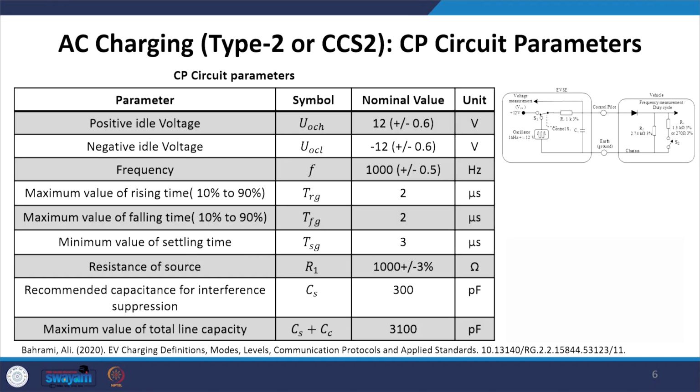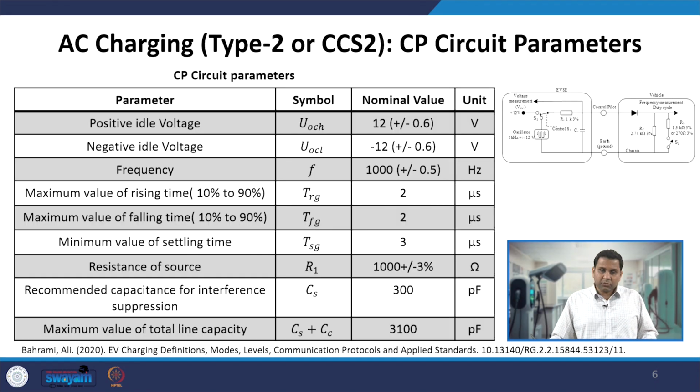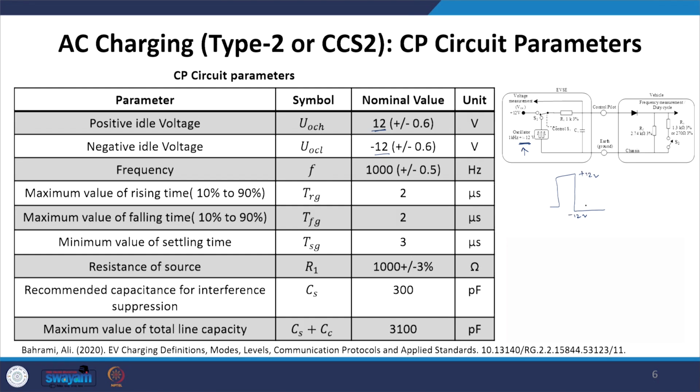If you look at the circuit parameters of a control pilot circuit, it has, as I mentioned, the oscillator which is put in. The pulse width modulated signal has the peak value, or you can say the positive voltage, of 12 volt, and it has the negative voltage of minus 12 volt. So, it is a PWM pulse going from plus 12 volt to minus 12 volt. It is not 0 volt, it is plus 12 volt or minus 12 volt.